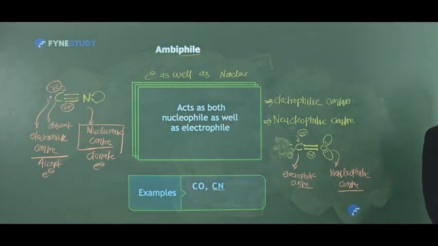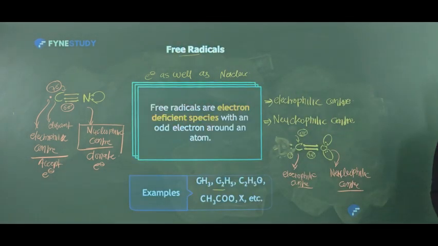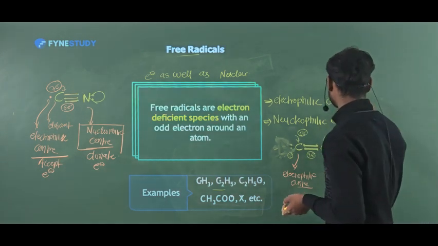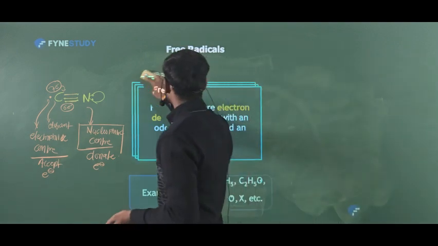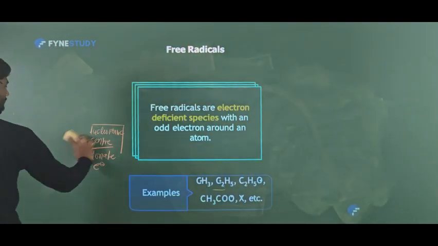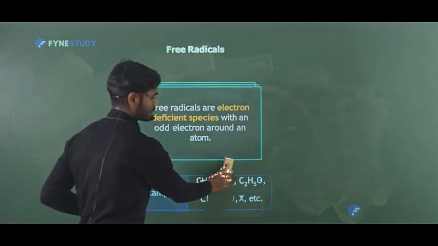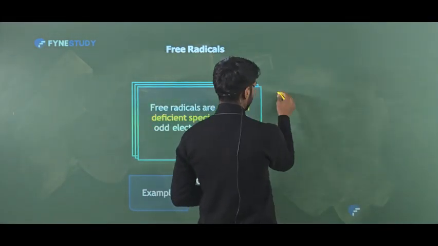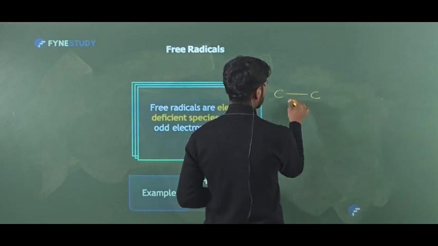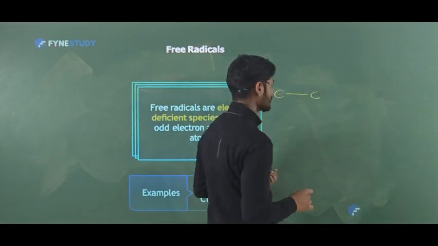Now let's move on. Another topic is free radical. What is a free radical? See, let's say here is a bond between 2 carbons.